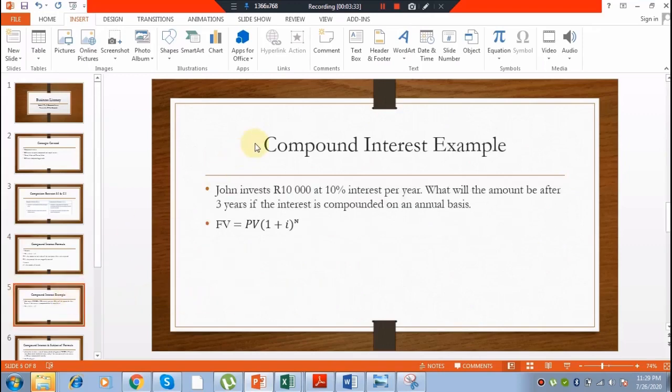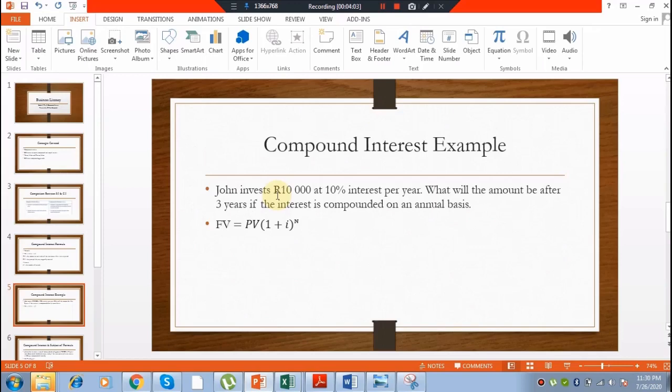Here we have an example to get into the habit and understand how to calculate compound interest. Remember guys, most of these examples are extracted from a textbook, so they're not examples I'm creating out of my head. If you go through your textbook, you're going to come across similar examples like this one, which we're going to work out together.